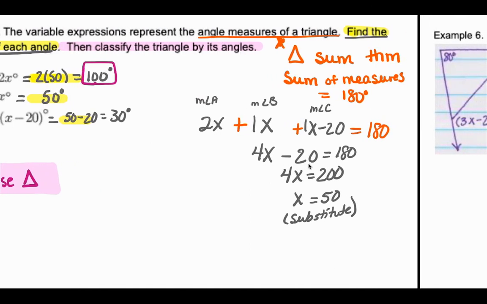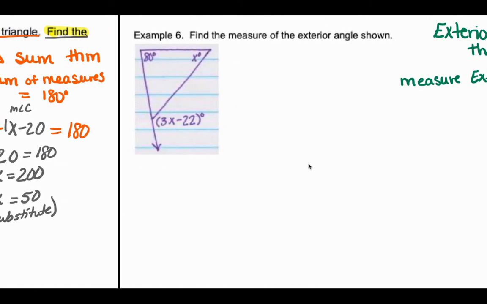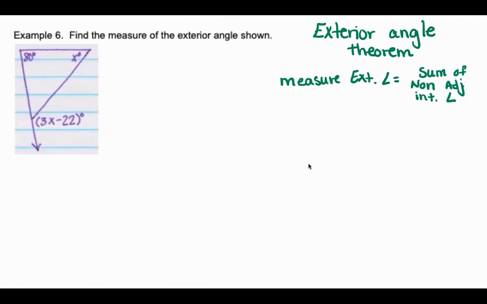So our last example problem is wanting us to find the exterior angle measure. Well, our exterior angle measure includes a variable, so we're going to use our exterior angle theorem.